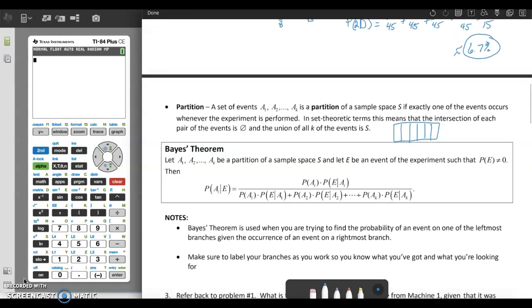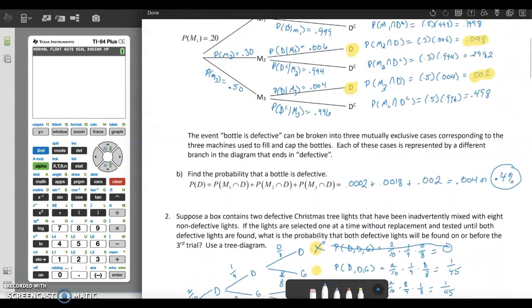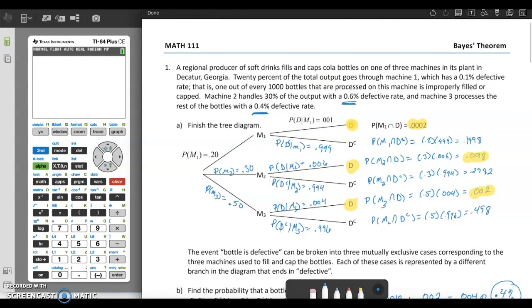So going back to example 1 with the soft drinks, notice that we have the original P of the machines, right? We have the probability of being on any one machine. And then our second branches are the probability of either being defective or not defective given which machine it came from.